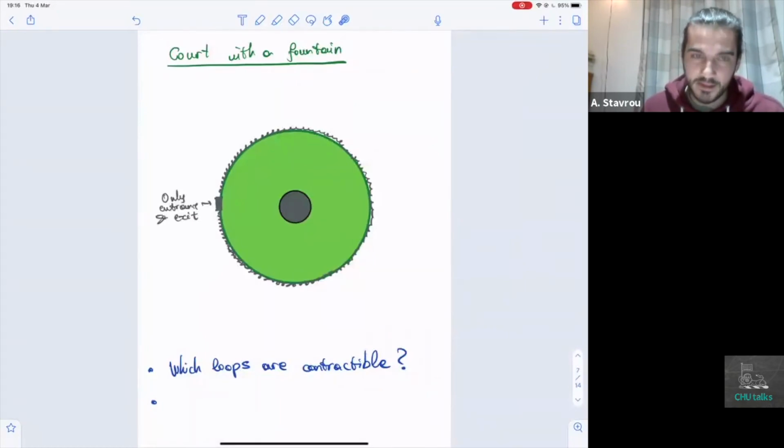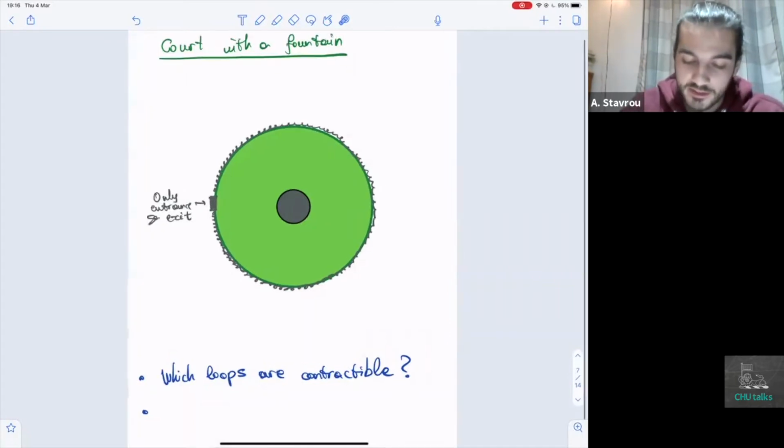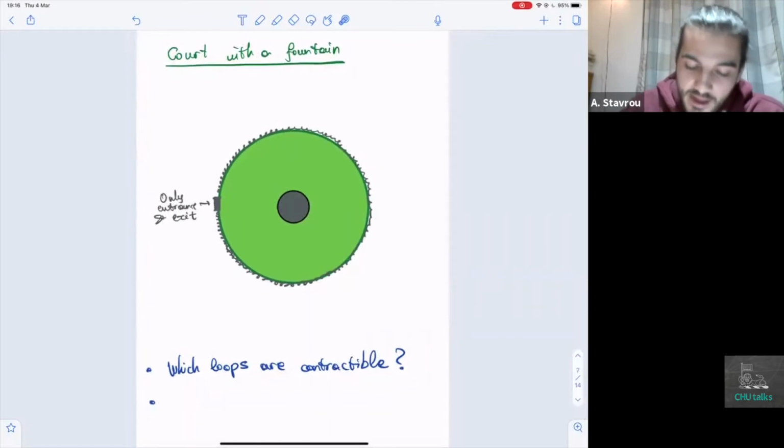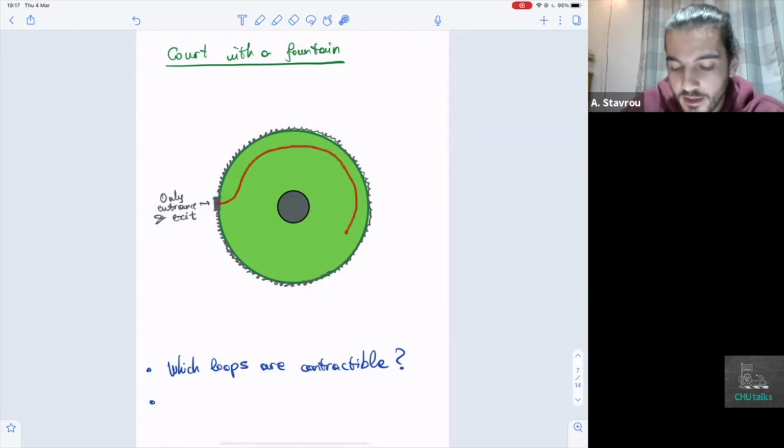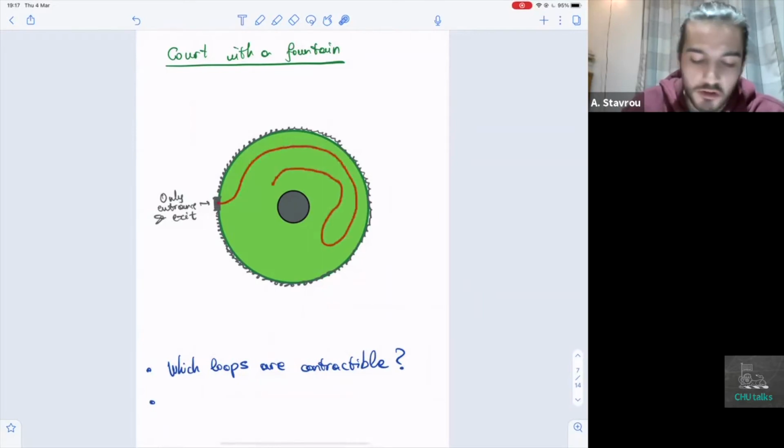Let's speak exactly about the situation that I just described. Suppose we've got a court that looks circular like this, and it has a fountain in the middle that you're not allowed to step on, and it has only one entrance and exit here. And a person is allowed to enter, walk around, and then stroll, and then eventually go out.